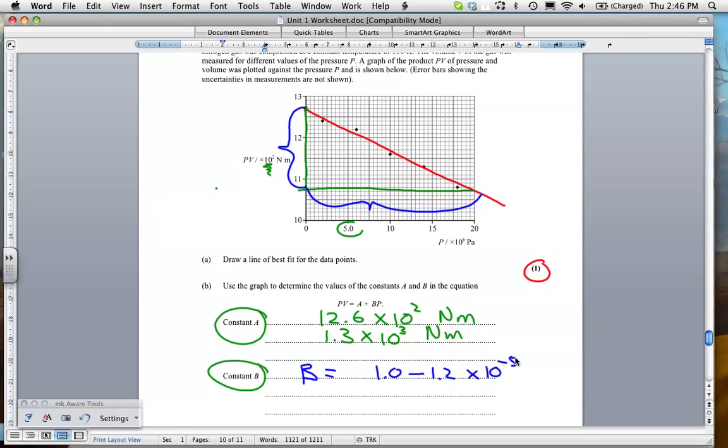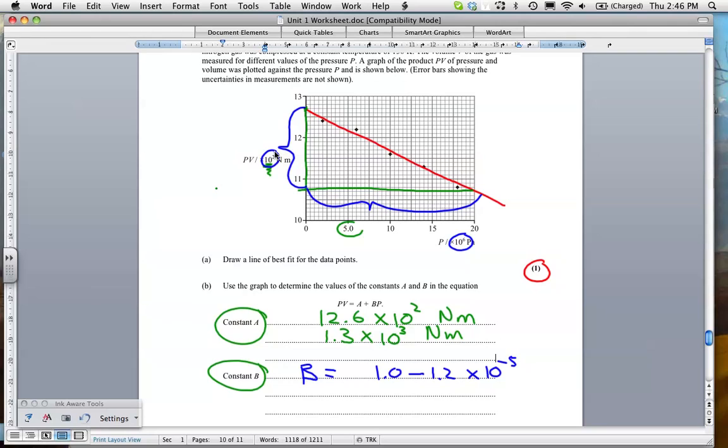Now why is that? Well, because you see here you've got the 10 to the 6 and you've got the 10 to the 2. Now when you divide this out, you're going to be getting the 10 to the 2 divided by the 10 to the 6, which will be 10 to the -4, but when you bring it down to this value here, it works out to be about 10 to the -5. So make sure that you include those values in there.